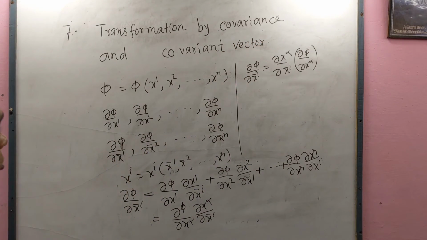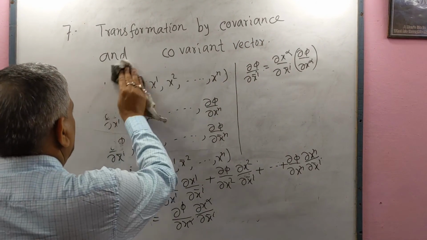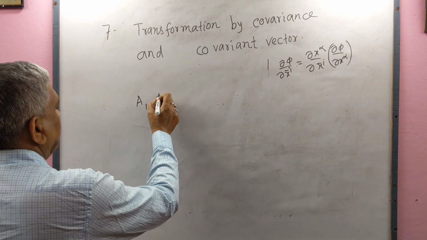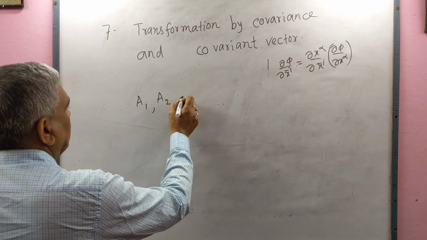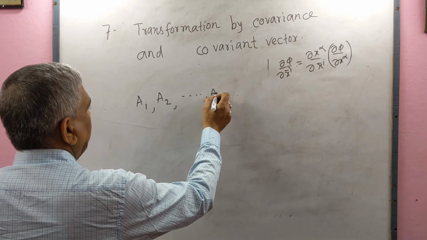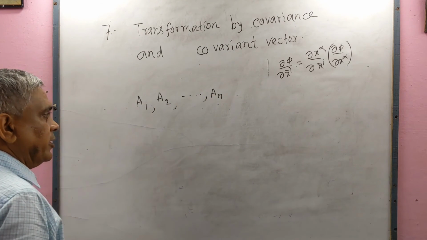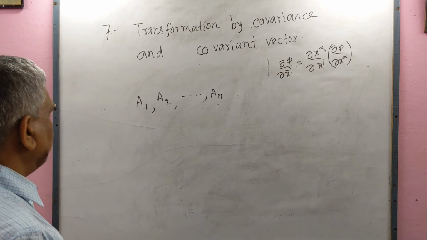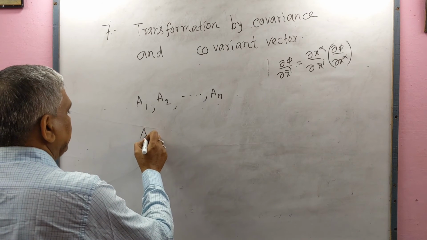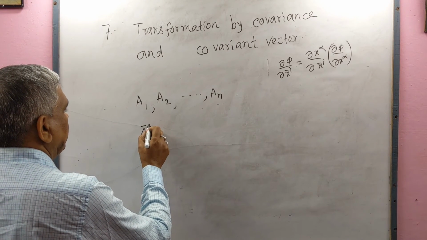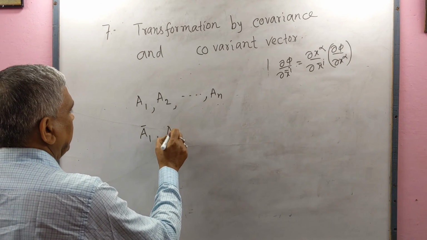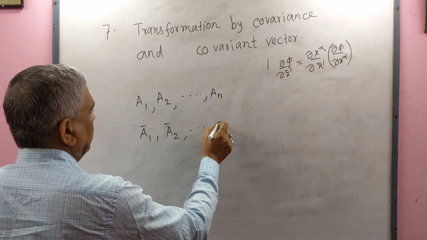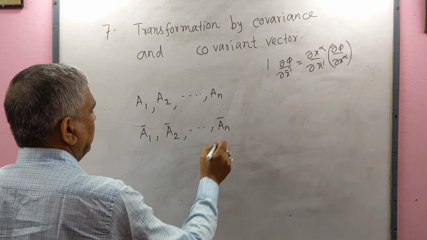Now let A1, A2, An be n quantities in x system of coordinates. The corresponding ones in x bar system of coordinates be a bar 1, a bar 2, a bar n.